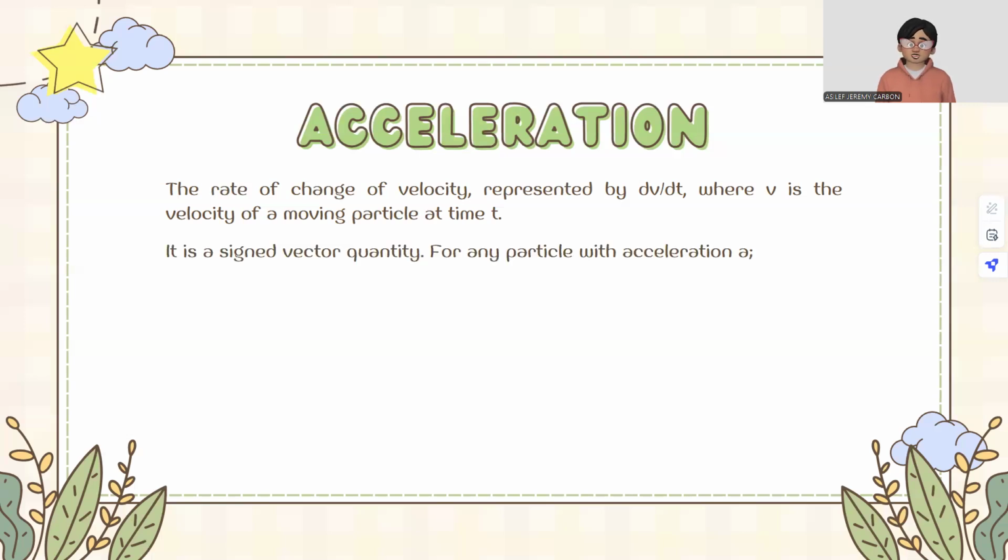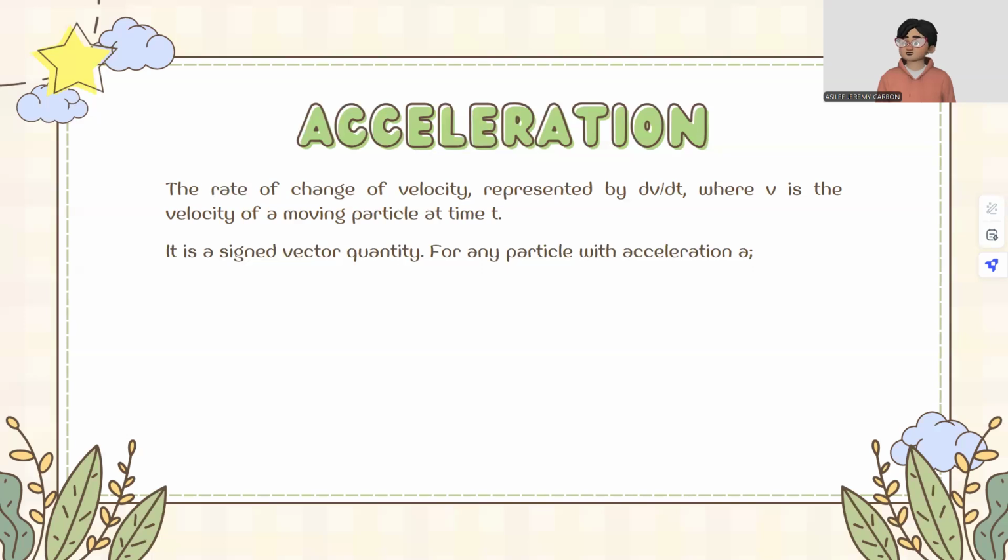The same as velocity, it is a signed vector, which means it has magnitude and direction, as well as its sign being positive or negative has certain implications.